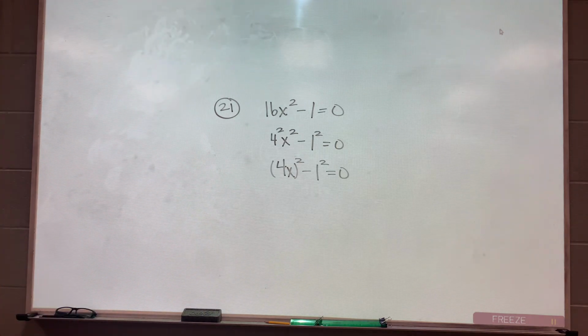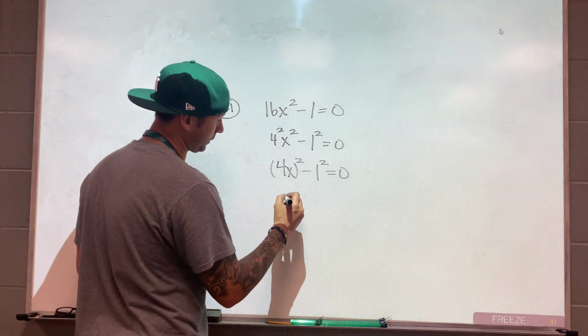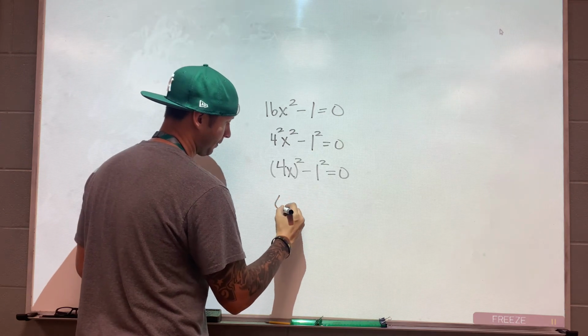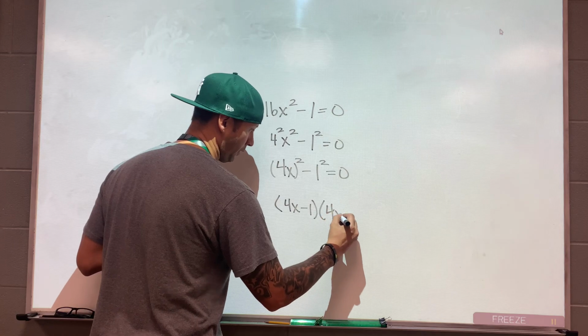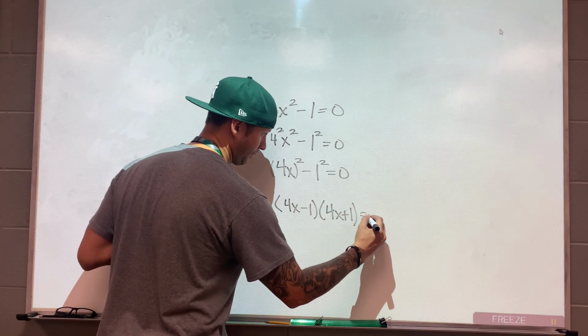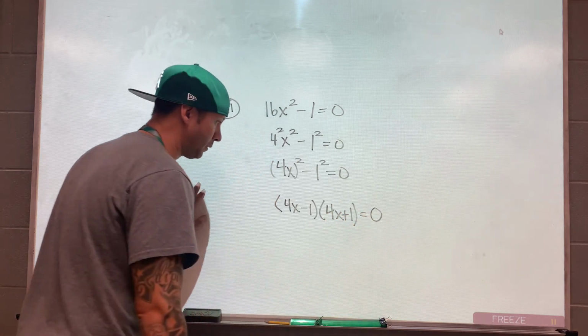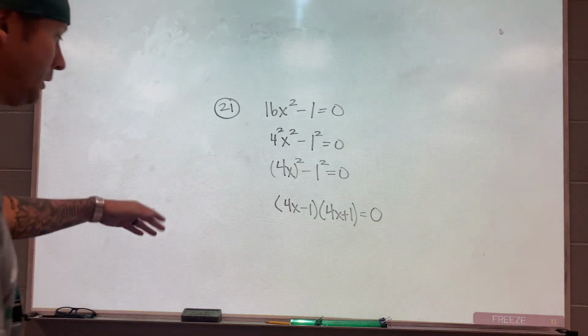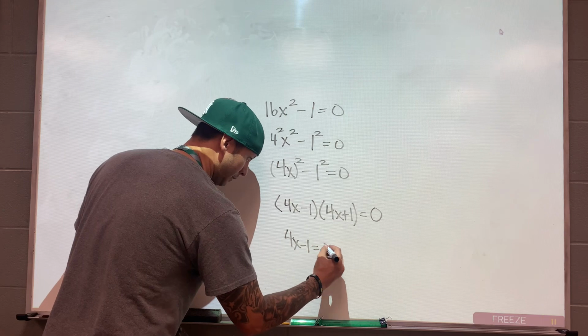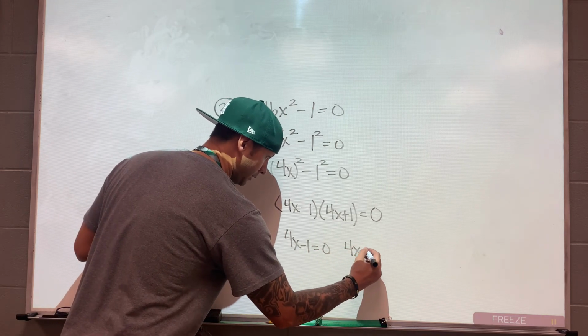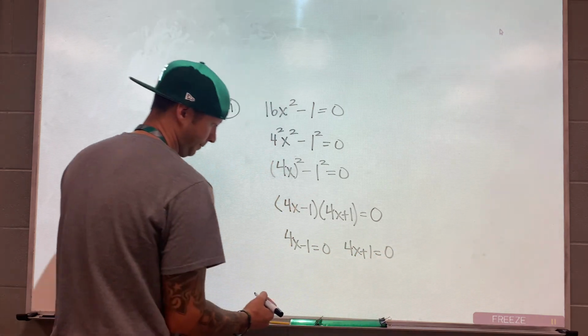All right. Difference of squares. I'm always looking out for it. Difference of squares. So this means 4x minus 1, 4x plus 1 is equal to 0. So I got to set them each equal to 0. So this is 4x minus 1 equals 0. 4x plus 1 is equal to 0.